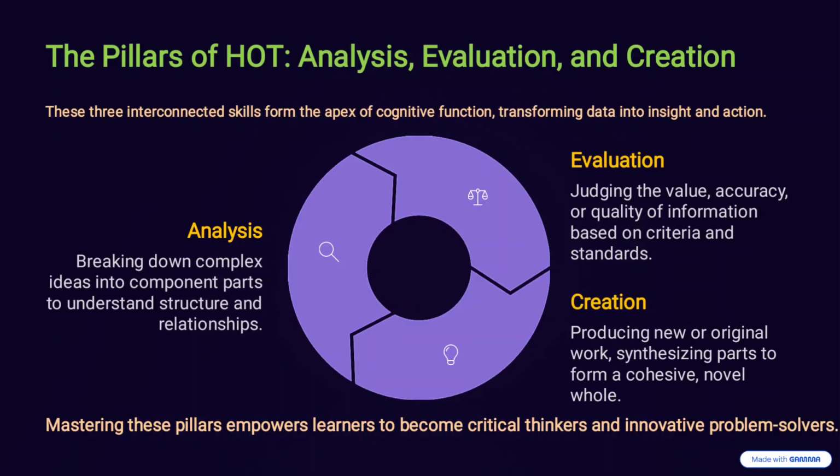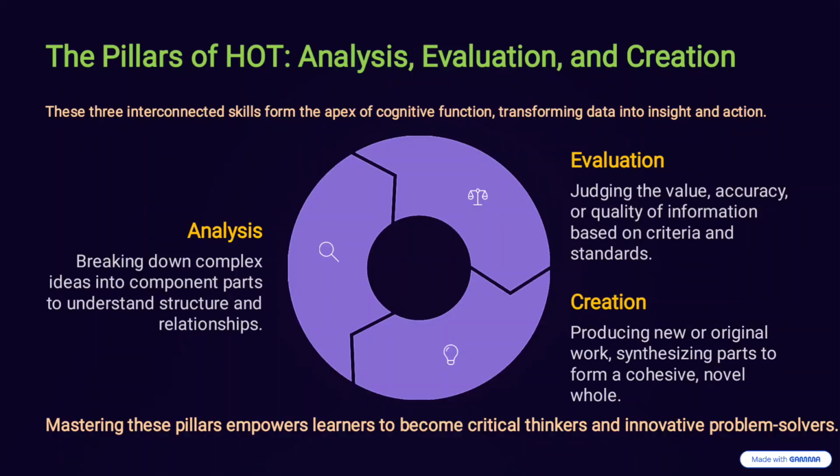The first element of this model is analysis. In analysis, we break down complex ideas into component parts to understand structure and relationship. The second component of higher order thinking is evaluation, judging the value, accuracy, or quality of information based on criteria and standard.